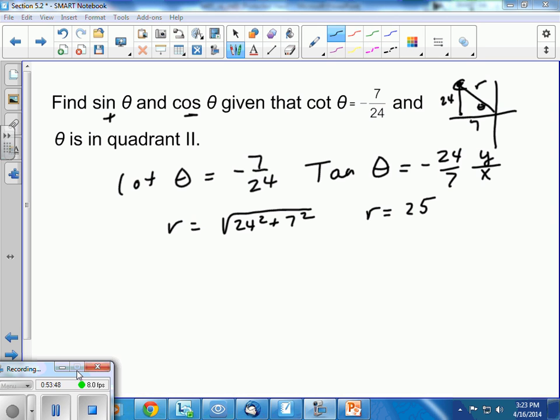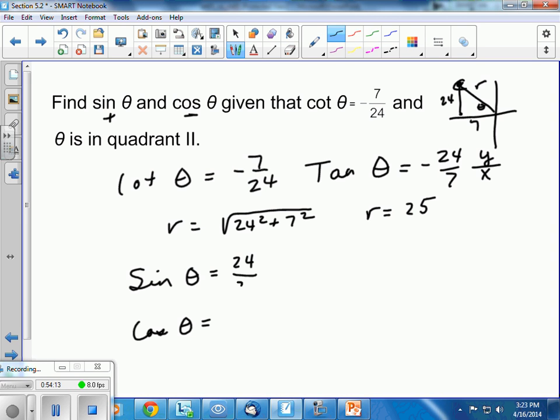Now that I have the r value, the radius equaling 25, I'm ready to find my sine theta and the cosine theta. Because sine, I know, is y over r, side opposite over the hypotenuse, so it would be 24 over 25.